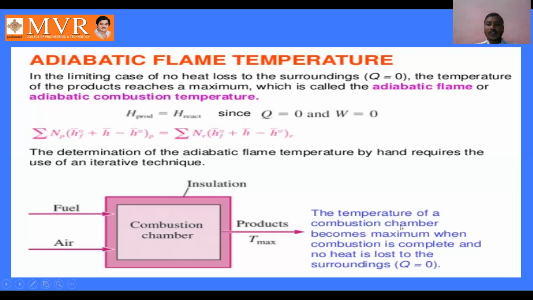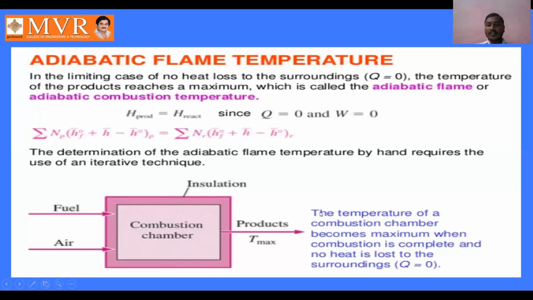The temperature of the combustion chamber becomes maximum when combustion is complete and no heat is lost to the surroundings. If no heat is going out to the surroundings, the heat remains in the system itself. Automatically, inside the system the temperature rises and the combustion is completed fully.